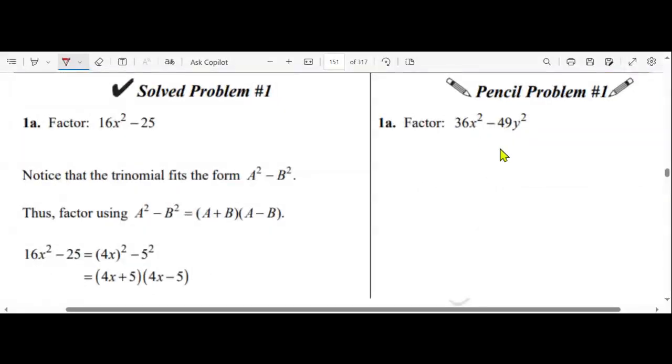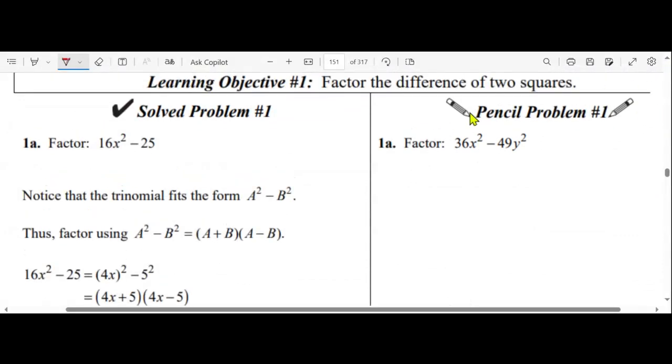Now, what type of factoring is this? Difference of two squares. Why do you call it difference? Because we have minus. 36 is what by what? 6 times 6, right?